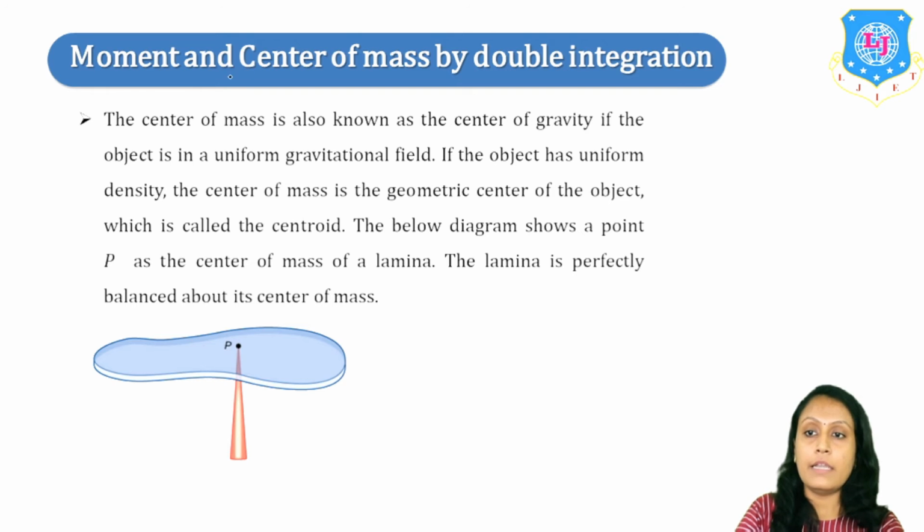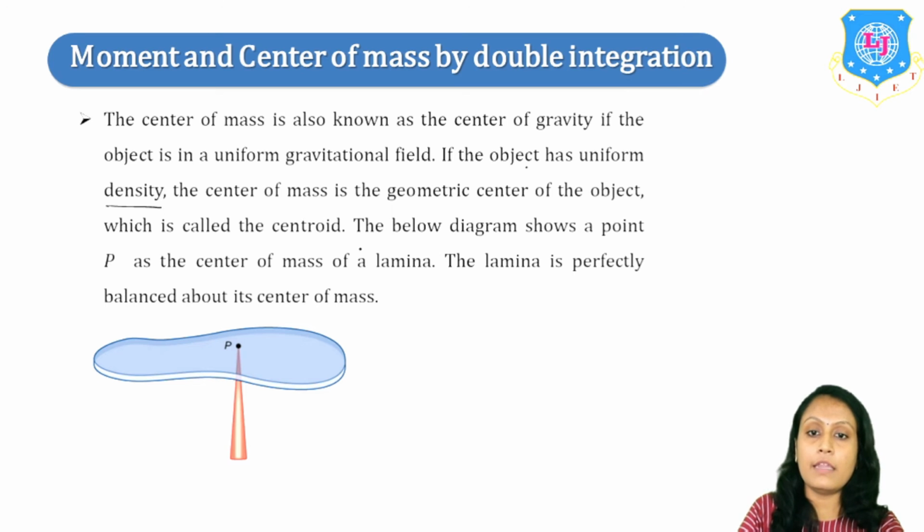Now the next topic is moment and the center of mass by double integration. So the center of mass is also known as center of gravity if the object is in uniform gravitational force. Now, if an object has a uniform density, the center of mass is the geometric center of the object, which is called the centroid.